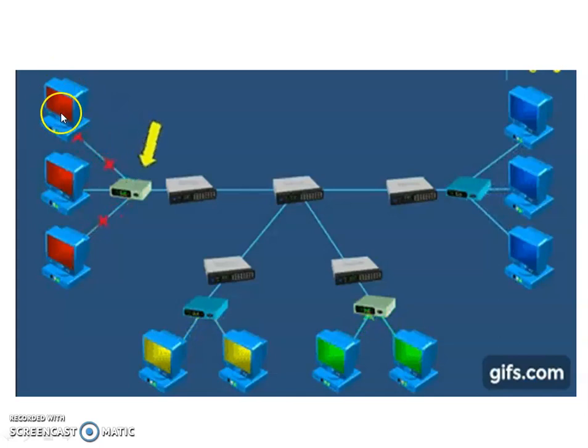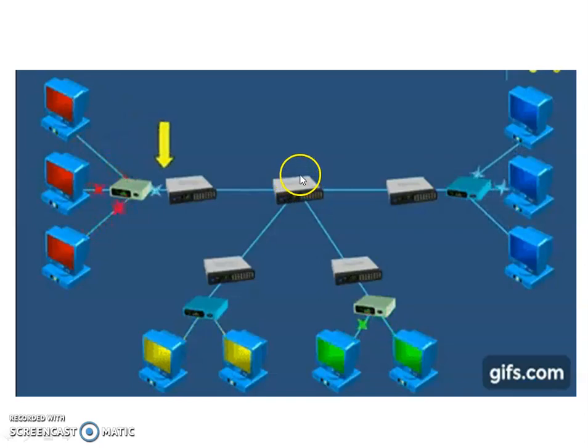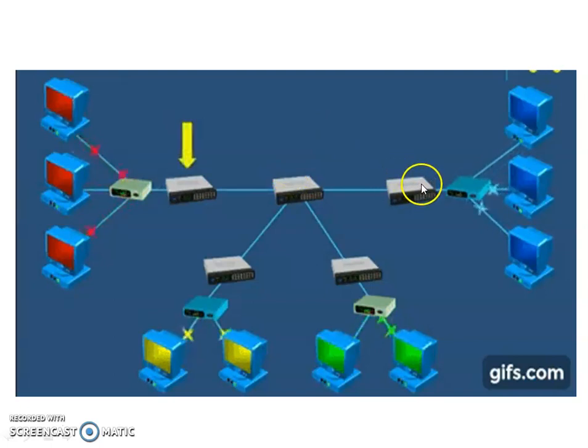Let us see, this is the sender and this is the receiver. When the packets reach the router of the sender, the router checks the IP address of the receiver. From there, it forwards the packet to the next router, and the next router also checks the IP address of the packet and transmits it to the next intended router.